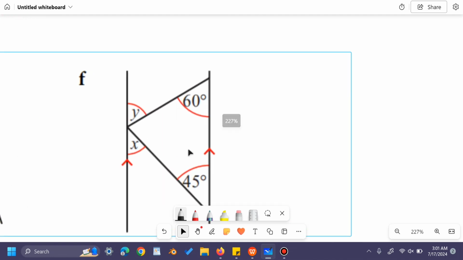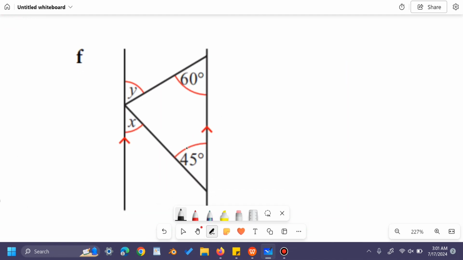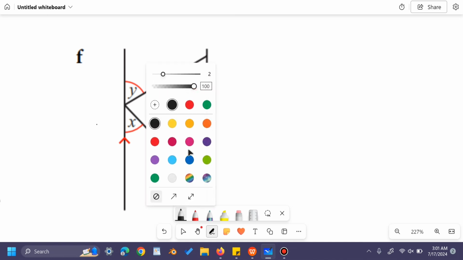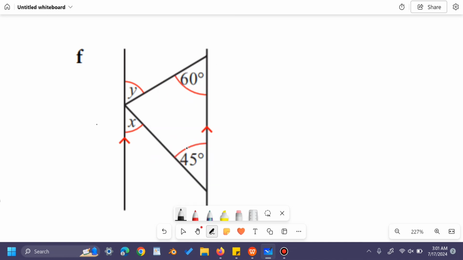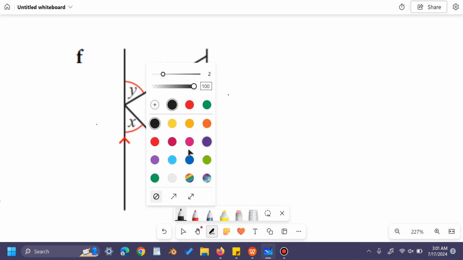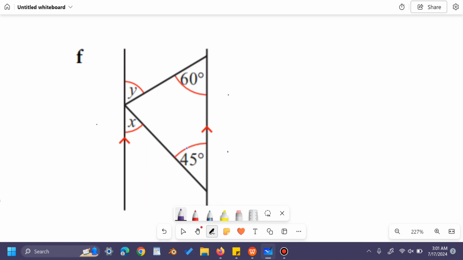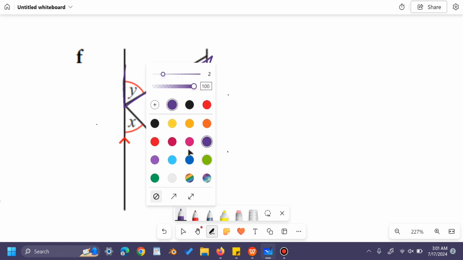Okay, so in this one we have seen Y, X. Let me just change its color. So we have something purple. Okay, looks good. So this is 60. These are the two parallel lines, and we can see a Z angle being made.